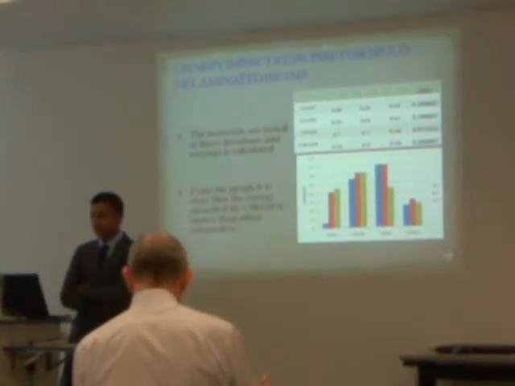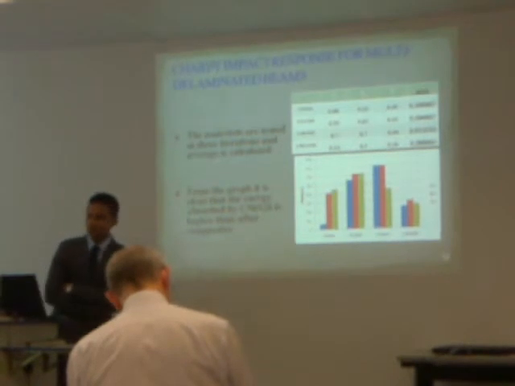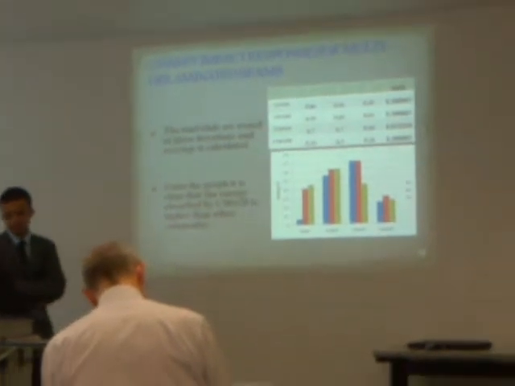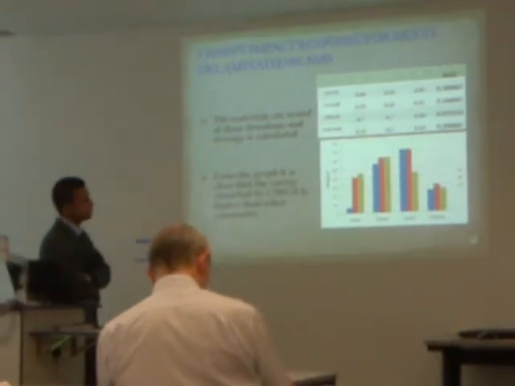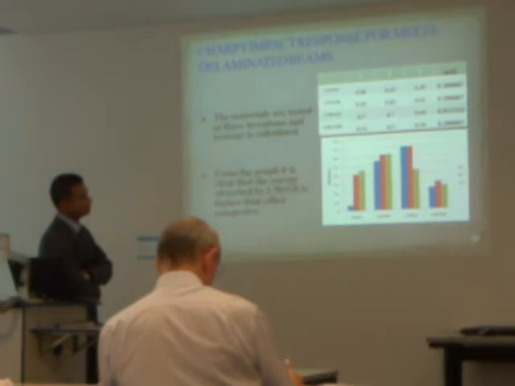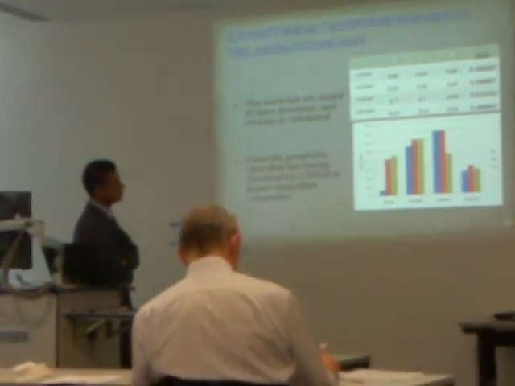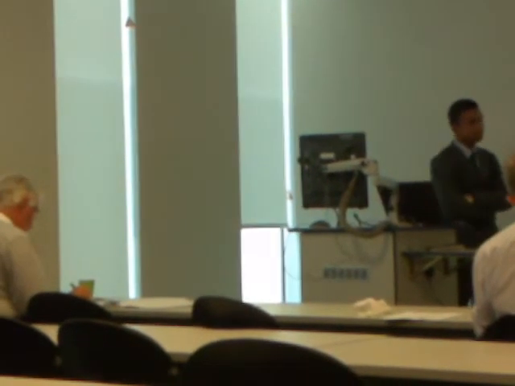The table gives all the results of the composite materials used for multi-delaminated beams. From the graph, it shows that the material C90G0 absorbs more energy than other materials like C0G0, C0G90 and C90G90.